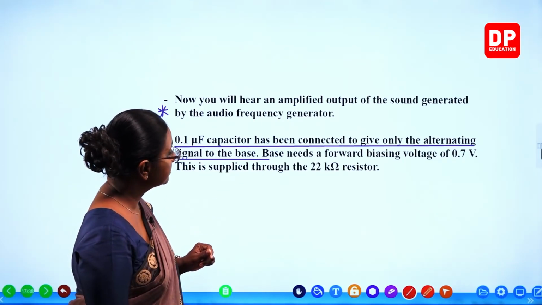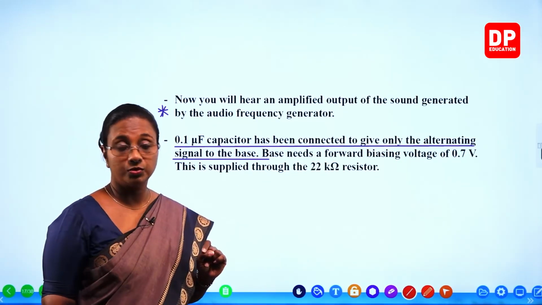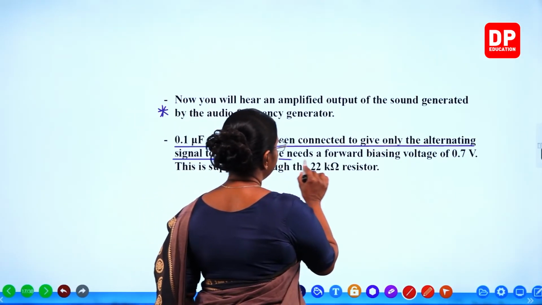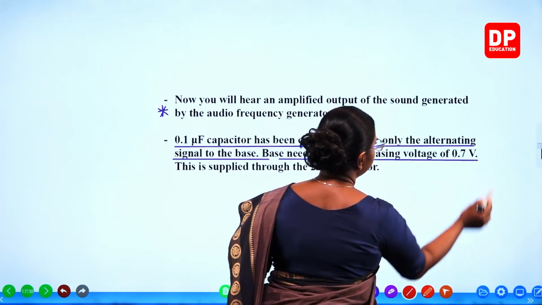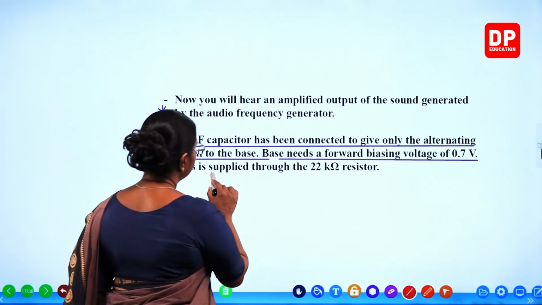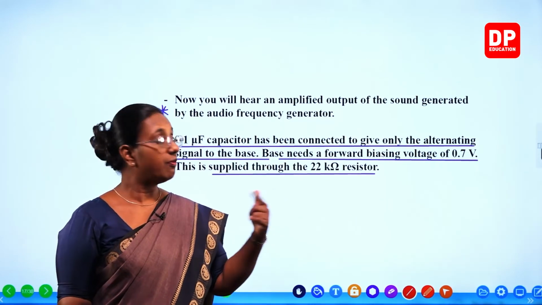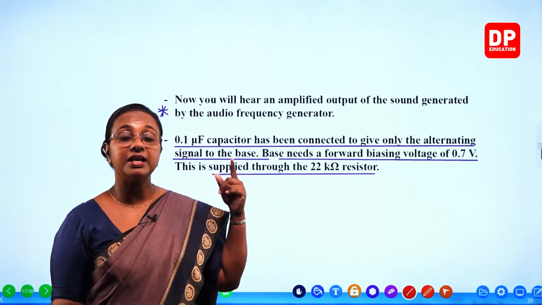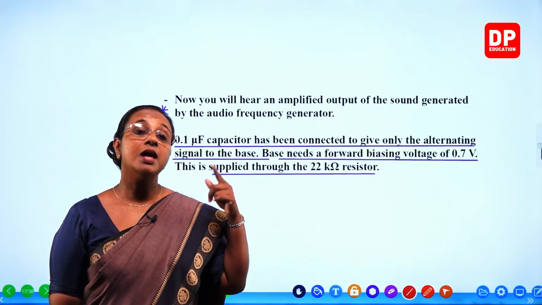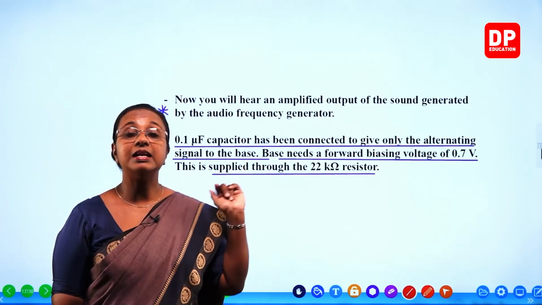And the base needs a forward biasing voltage of 0.7 volt, and this is supplied through the 22 kilo ohm resistor. We forward bias the base by connecting a 22 kilo ohm resistor to the base collector circuit.